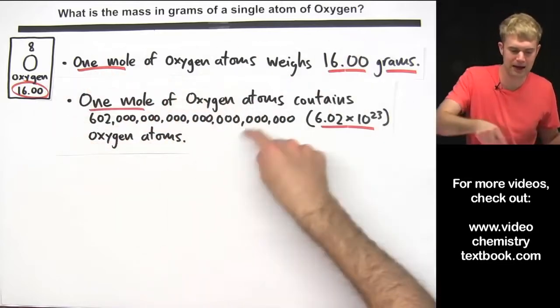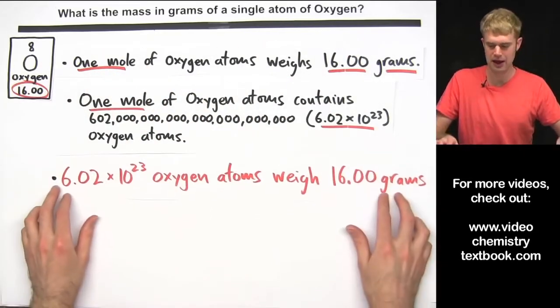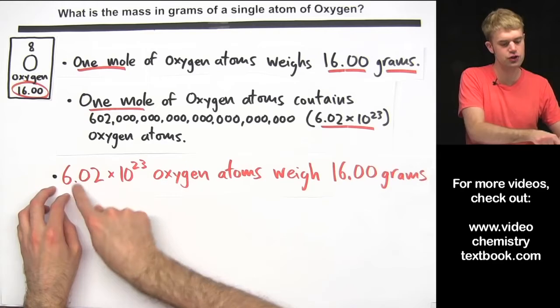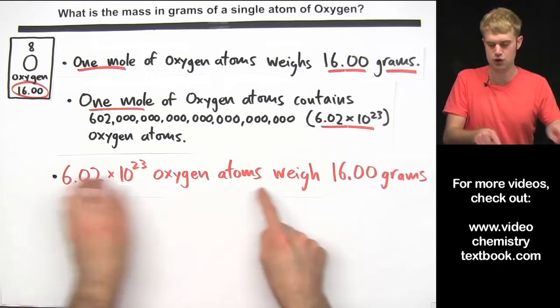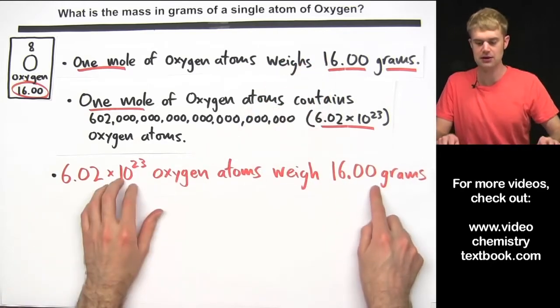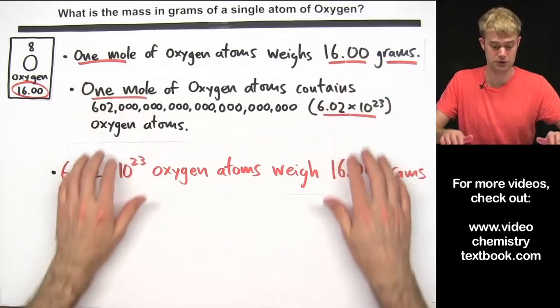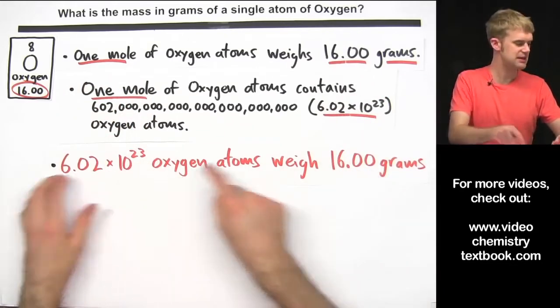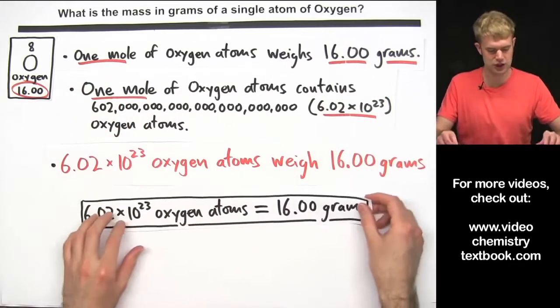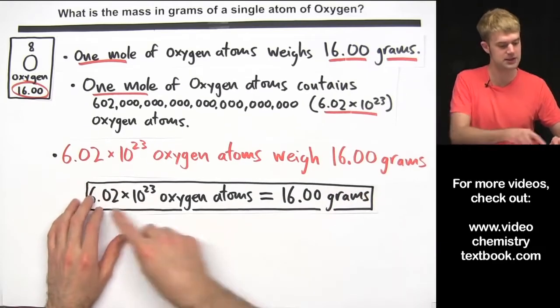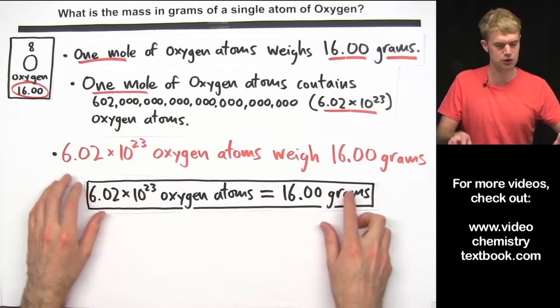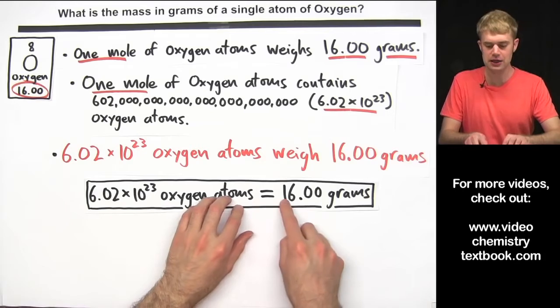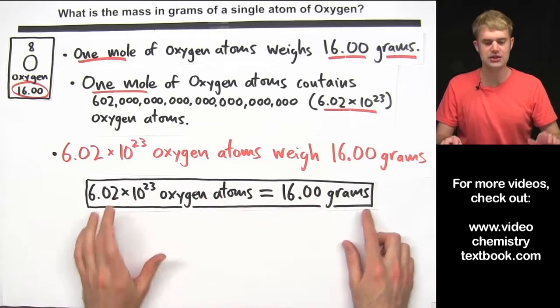So we can combine these two pieces of information to say that 602 hexillion oxygen atoms weigh 16.00 grams. We can even express this as a relationship: 6.02 times 10 to the 23rd oxygen atoms is equivalent to 16 grams.